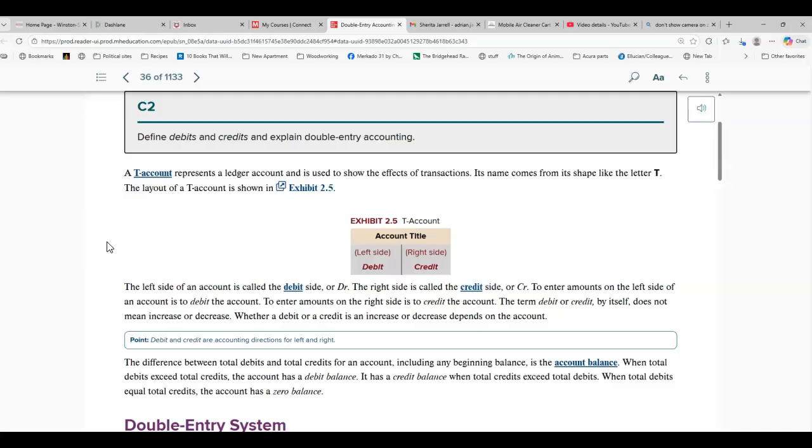It's much easier to follow that way. This is called a T account. As you can see, the name of the account is at the top. The left side is the debit, and that's all that debit means. It means the left side of the account. The credit means the right side of the account, and whether it's an increase or a decrease depends on which side of the equation it's on.